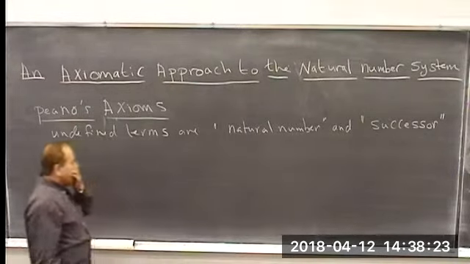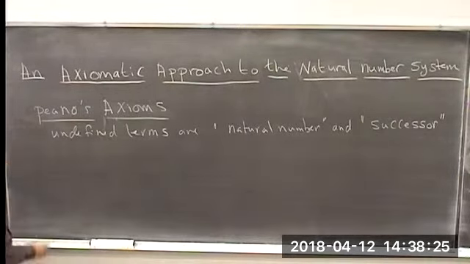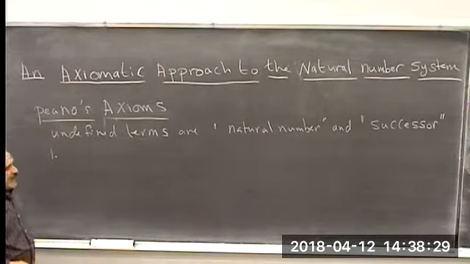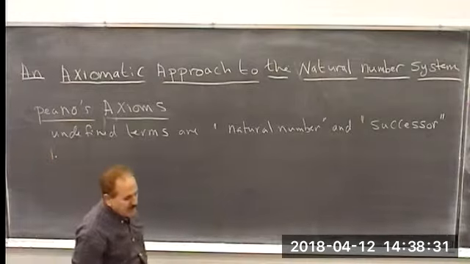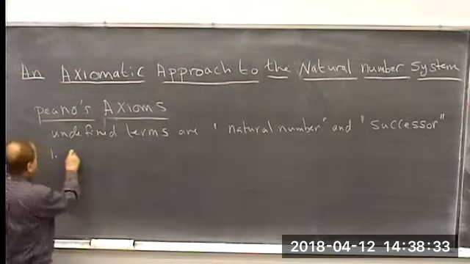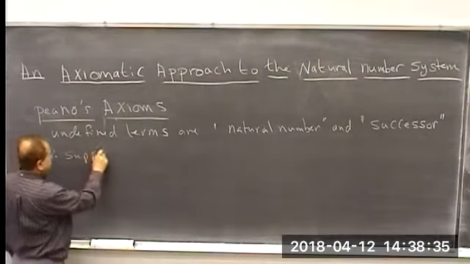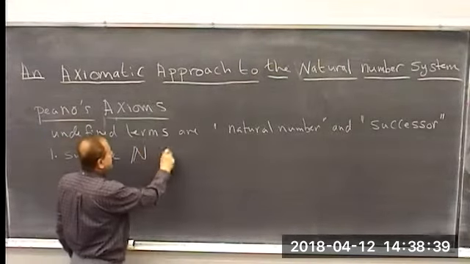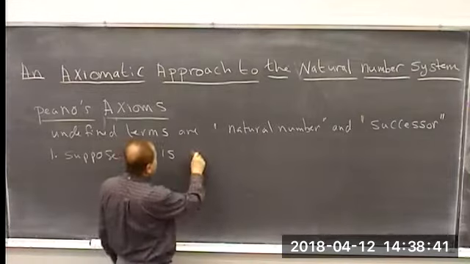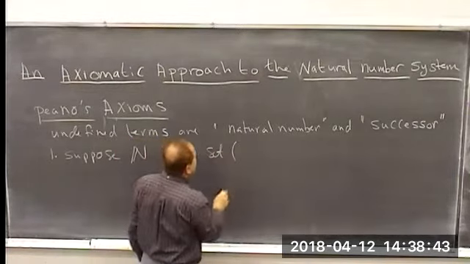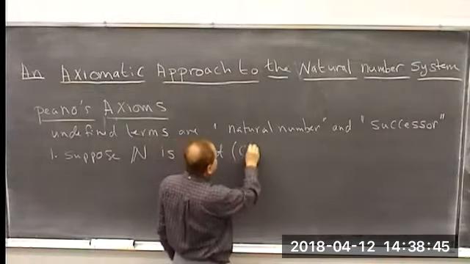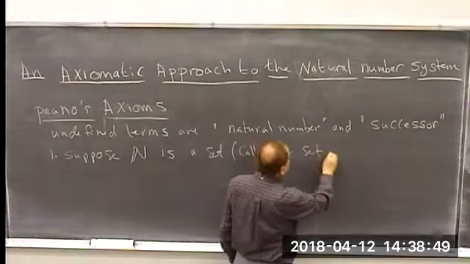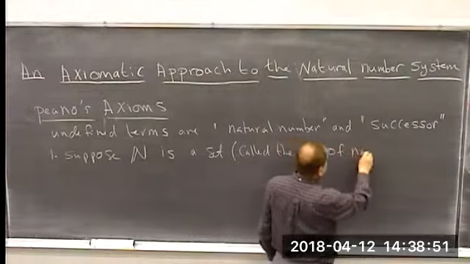Now, for Peano's axioms, we start with the first one. Peano said that we're going to suppose N is a set. We're going to call it the set of natural numbers.